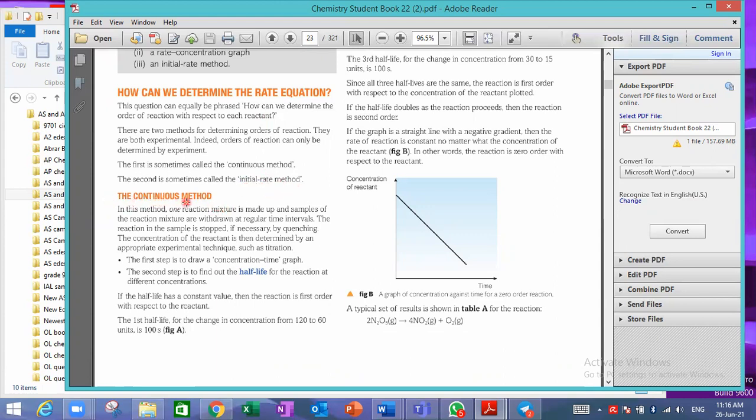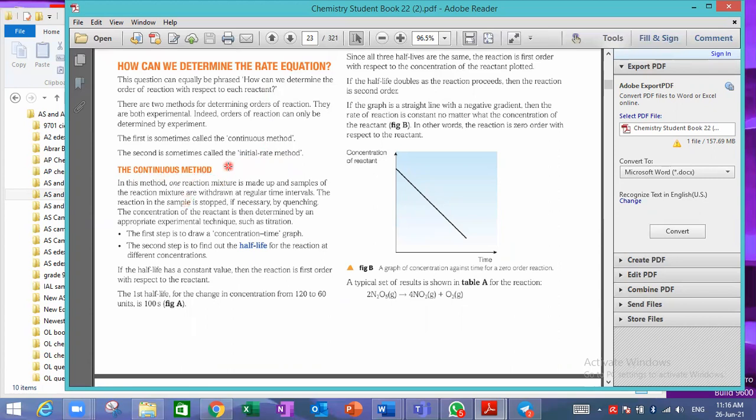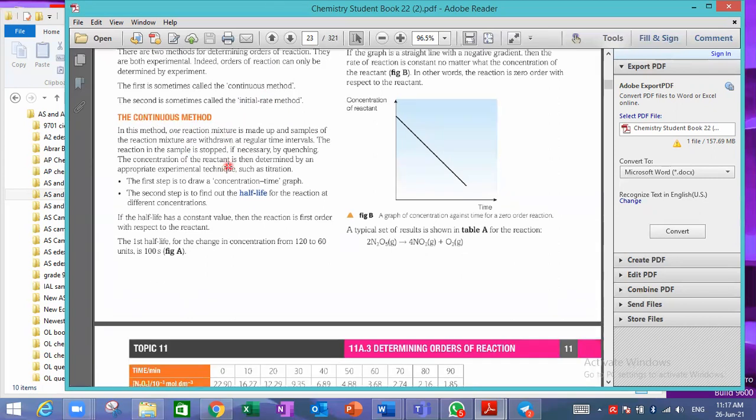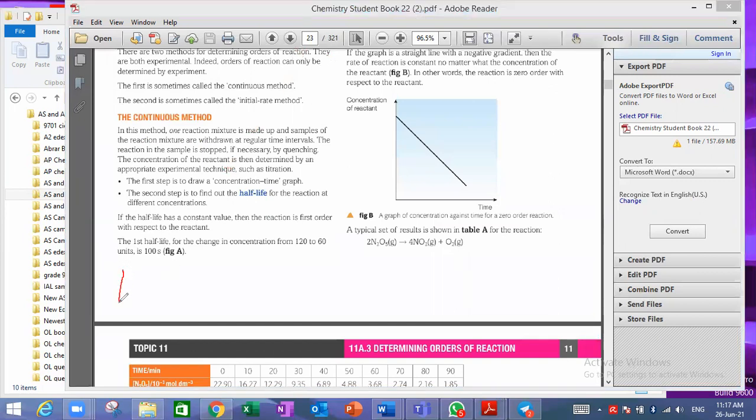Now, what is the continuous method? In the continuous method, we are going to prepare our reaction mixture, as we said before. We are going to prepare our reaction mixture.